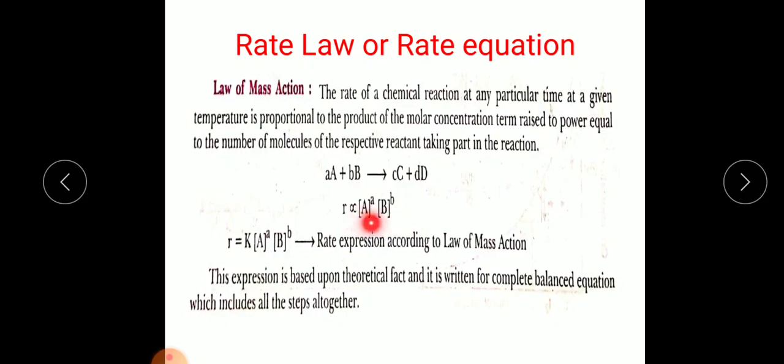Now when you remove the proportional sign we put a constant, let that constant be K. This we call a rate equation, or a rate expression. This expression is based upon theoretical fact and is written for the complete balanced equation, which includes all the steps together. So this is for the balanced chemical equation.